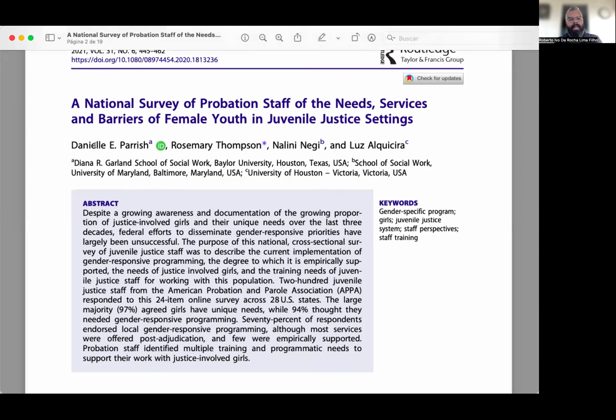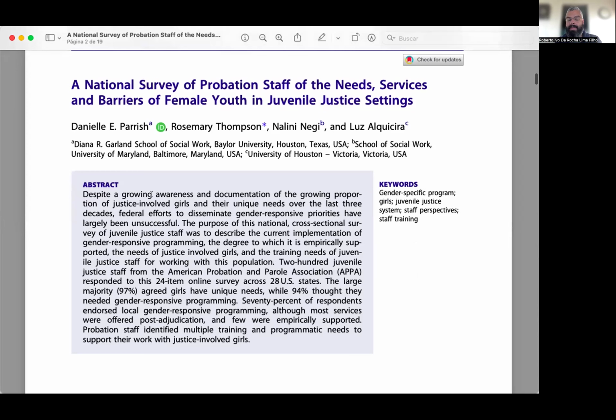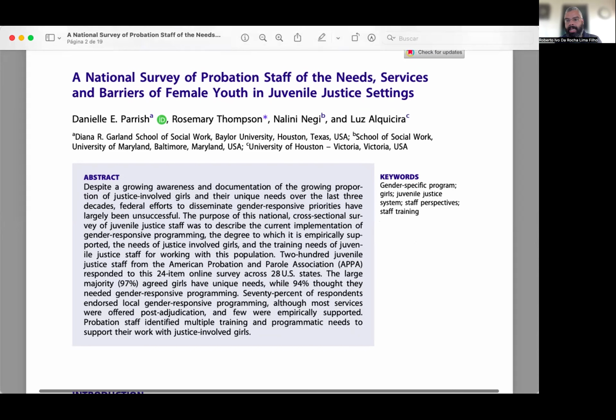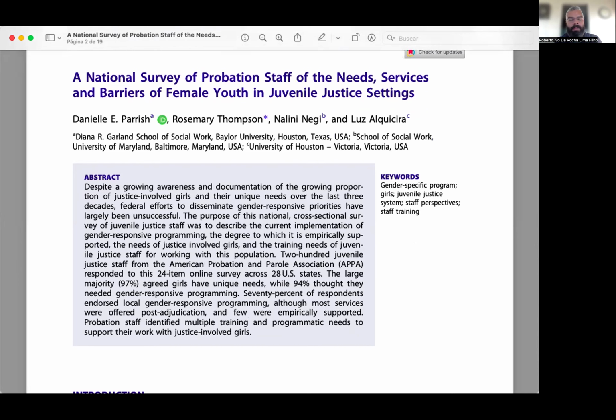Here you can see the abstract. The abstract is a compilation of the information that's going to be explained in the subsequent sections. It's very succinct, but at the same time detailed, and it states the purpose of the article.